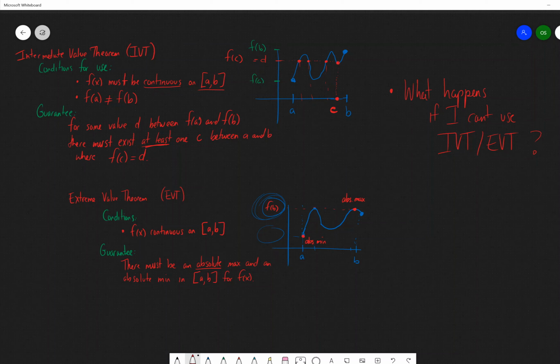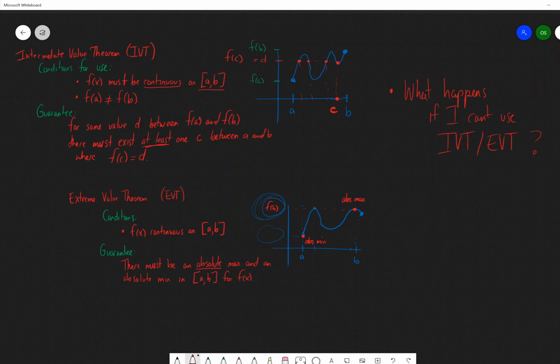So that's the thing I really want to caution you, because a lot of people initially when they use the theorems, it's kind of like they think it's a light switch. Like if it's on, the light's on. If it's off, it's dark. No, if it's off, if we can't use the theorem, it doesn't necessarily mean that the room's going to be dark. Meaning it doesn't necessarily mean that this can't still be happening. We just can't guarantee because we didn't meet the conditions.